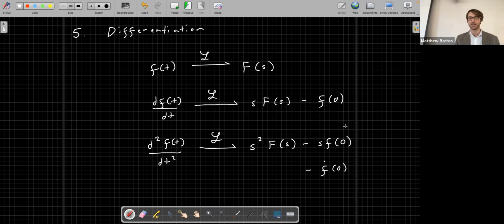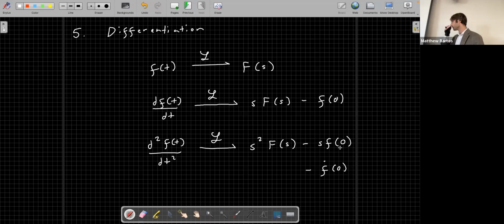So this is our initial condition, and this is the derivative of our initial condition. When you get to higher order systems, you'll end up with higher order initial conditions as well. And this applies so on and so on for derivatives of higher order.